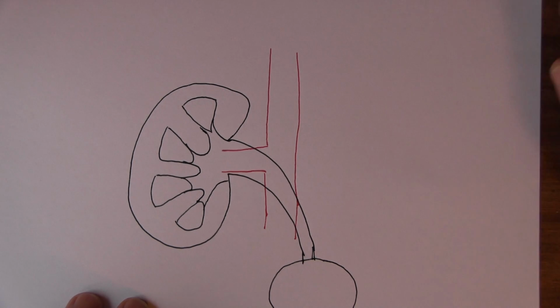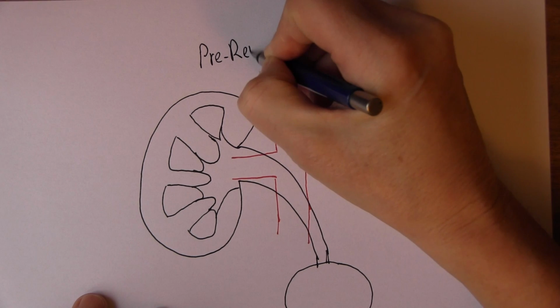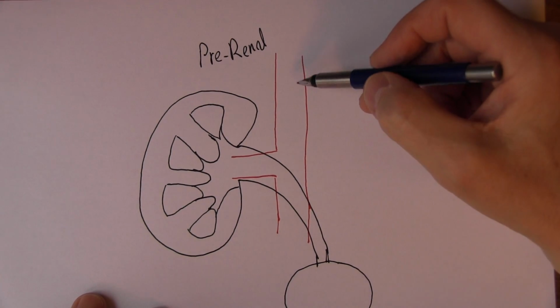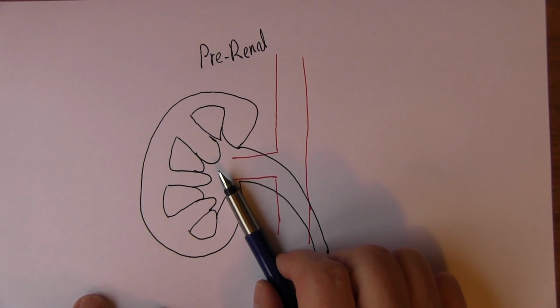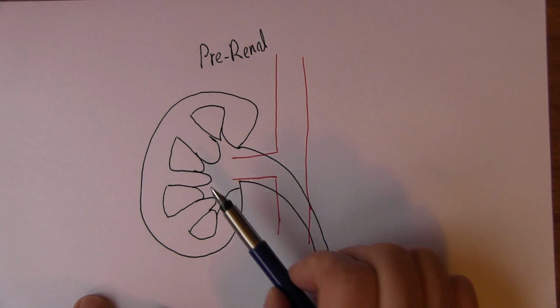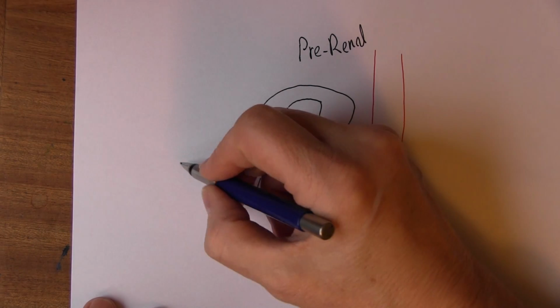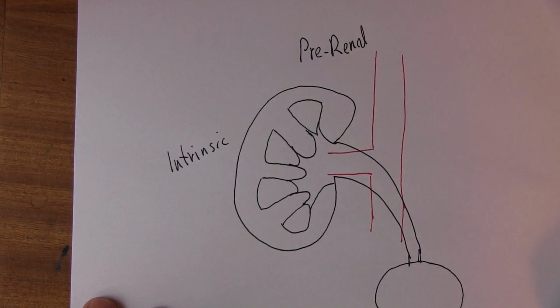So first of all, pre-renal. Pre-renal causes are causes in the circulatory system before the blood gets to the kidney. Then if there's disorders in the kidney itself, that's intrinsic renal failure or acute kidney injury.